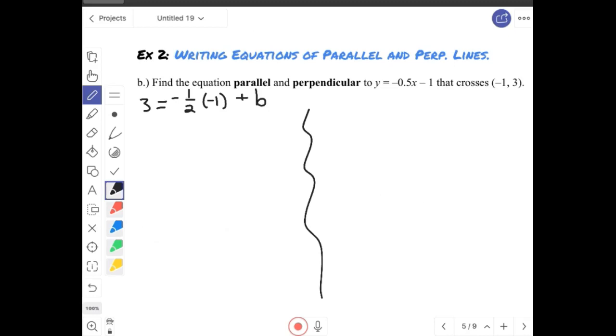So I'm solving for b, and then I'm going to plug in my slope and my intercept. So negative 1/2 times negative 1 is equal to 1/2. So that'd be 1/2 plus b. So minus 1/2 minus 1/2. So 3 minus 1/2 is 2.5.